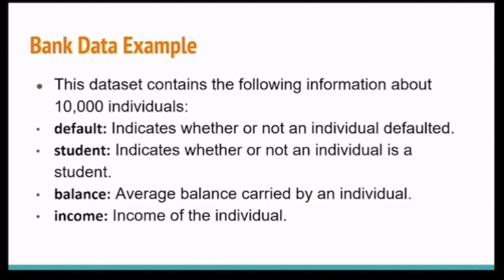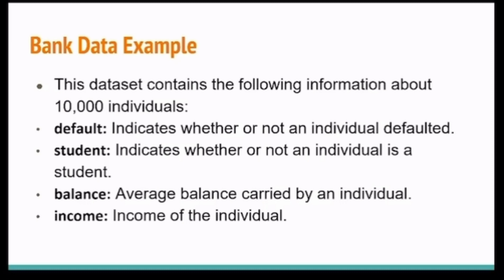And there's something that we call default, which indicates whether or not an individual defaulted. Maybe you get a loan; some pay back, some do not pay back. When you don't pay back, then you have defaulted. And student is a variable that indicates whether or not an individual is a student.